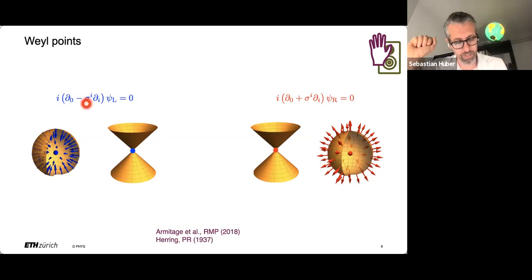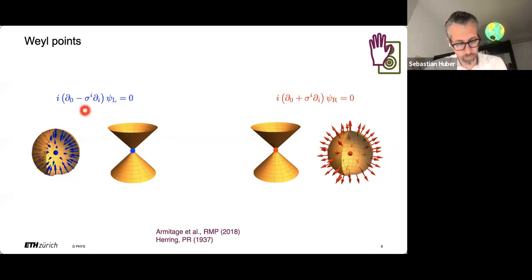You have here the Pauli matrices, derivatives, and you act on a spinor that has two degrees of freedom. And in condensed matter systems, what this describes is really a band touching point, because of the linear appearance here. It's linearly dispersing around a point, and this is just a 2D sketch, but it's in 3D, so you have two bands that touch here.